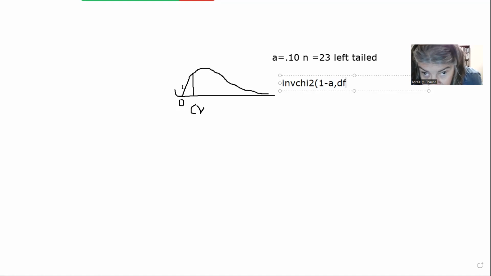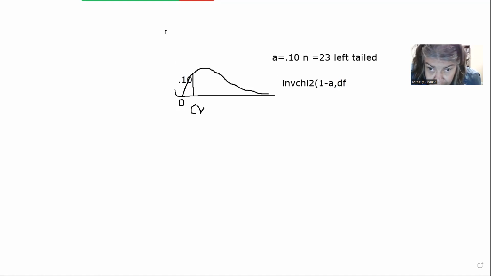So here, my alpha region, this region is 0.10. And we're looking for the critical value associated with that.